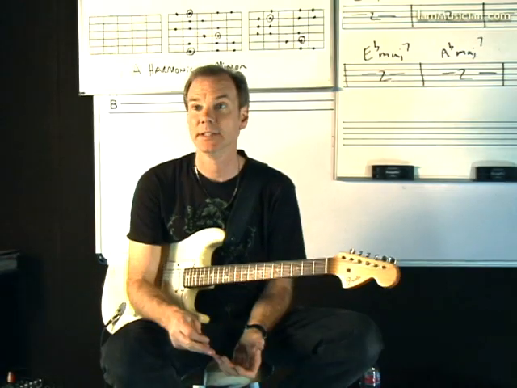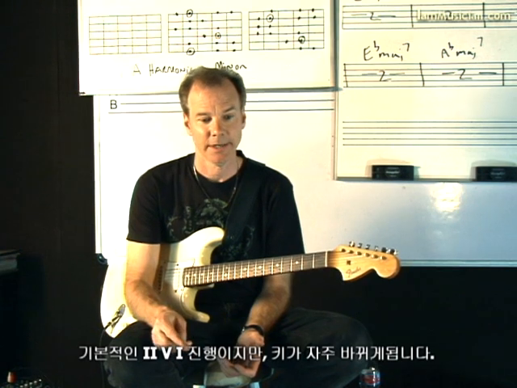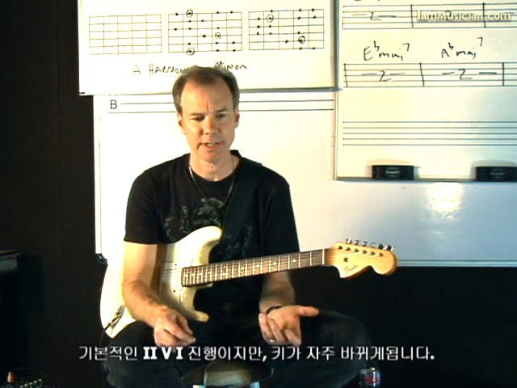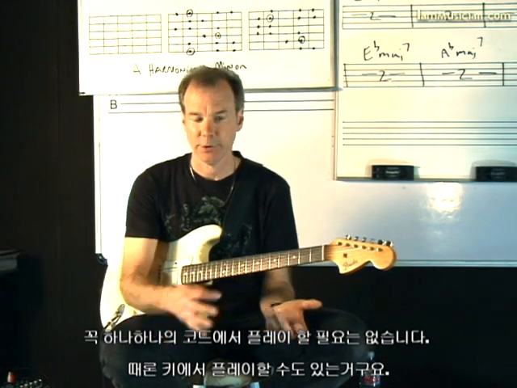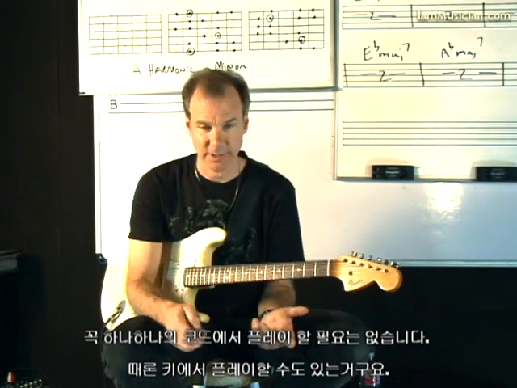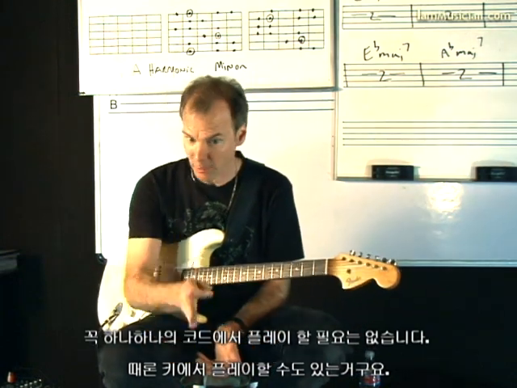So it means there's a lot of movement, and sometimes the chord changes, you don't necessarily have to play off each individual chord. You can just play through the key centers, and that would be adequate in a lot of cases. In other cases, you really want to play right off each chord.